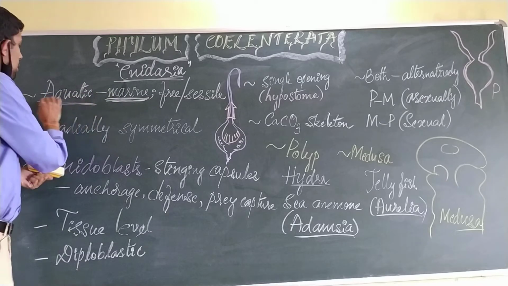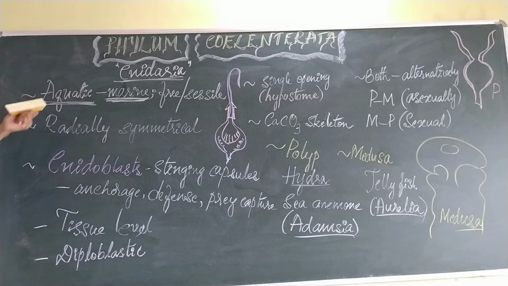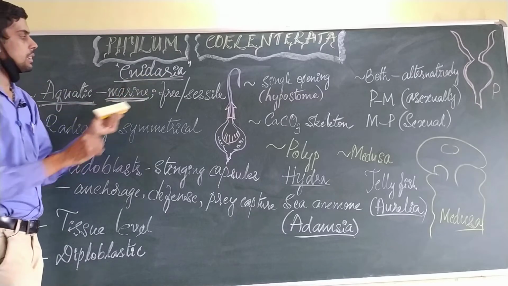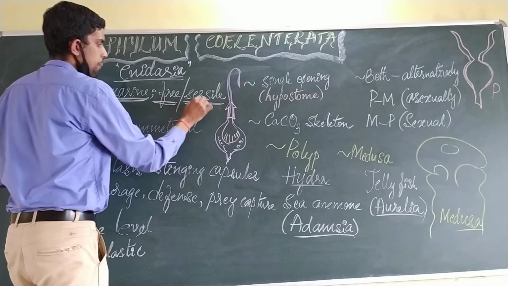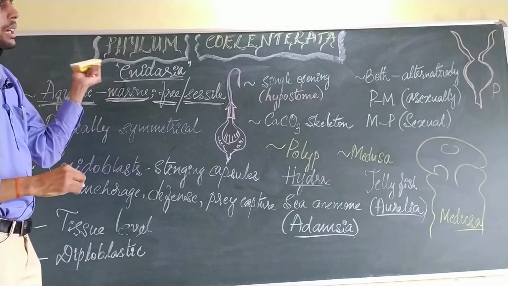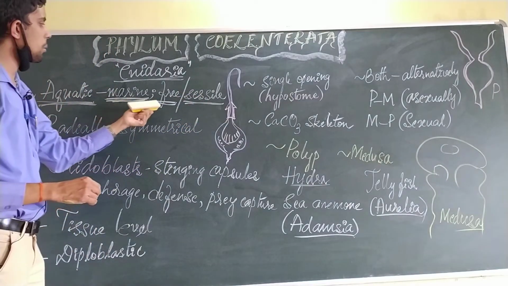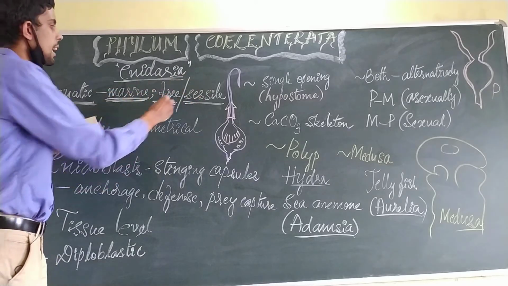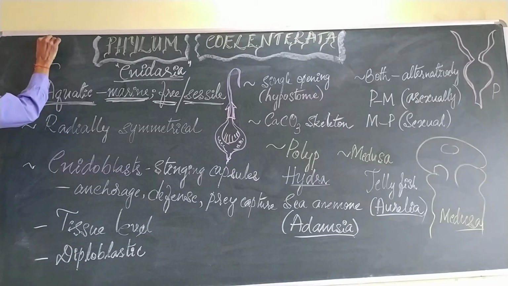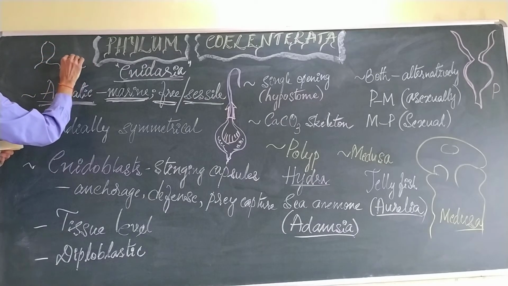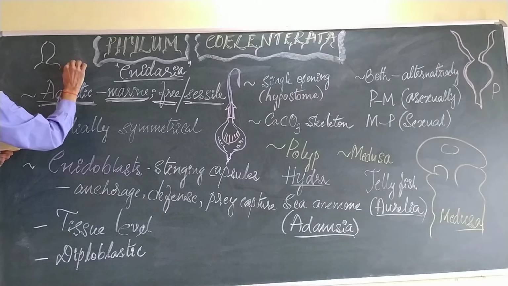So they are purely aquatic forms. But here, they are either free living or sessile. In the case of Poriferans, they are mostly sessile, right? They are attached to a substratum, for example Sycon or Euspongia.